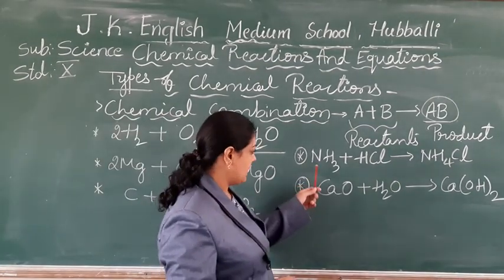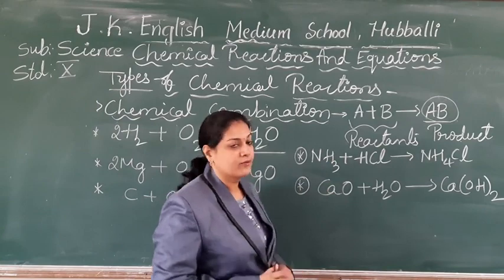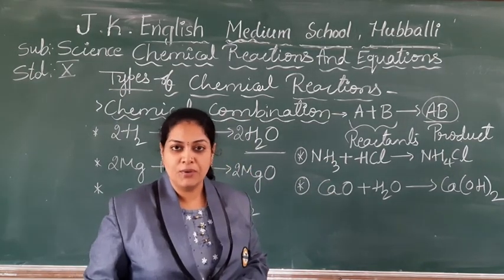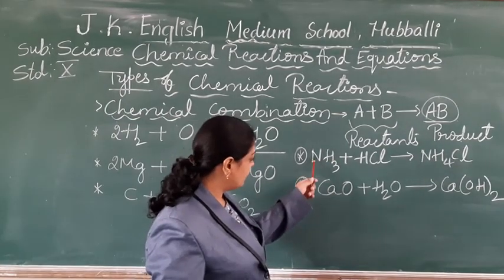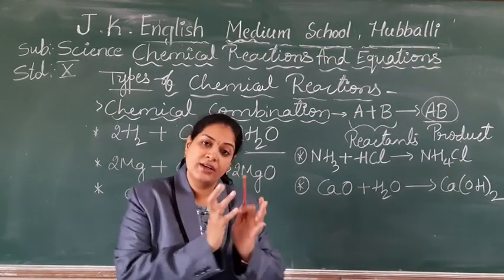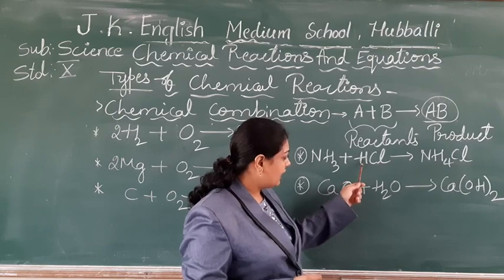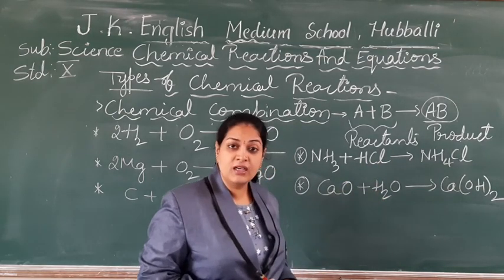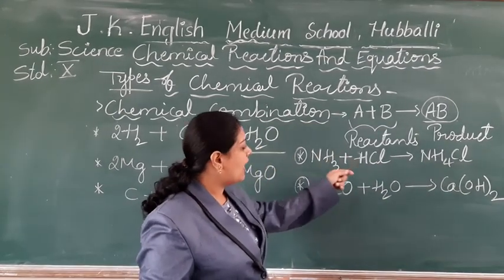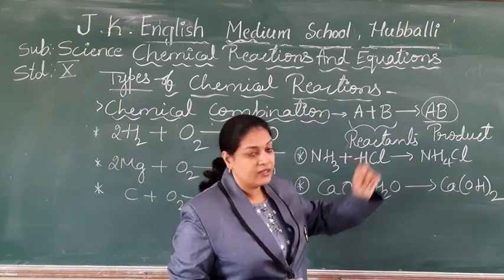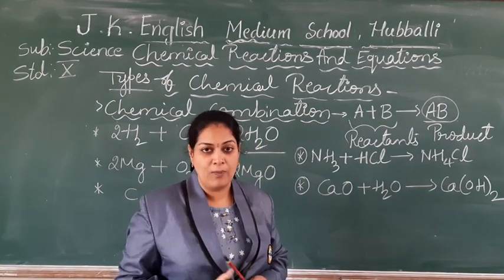Coming to this example, NH3. What is this? Itself it is a compound. Here the elements are nitrogen and hydrogen, which means it is already a compound. Plus hydrogen chloride, hydrogen and chlorine, again it is one compound. So these two have combined to give you another compound.